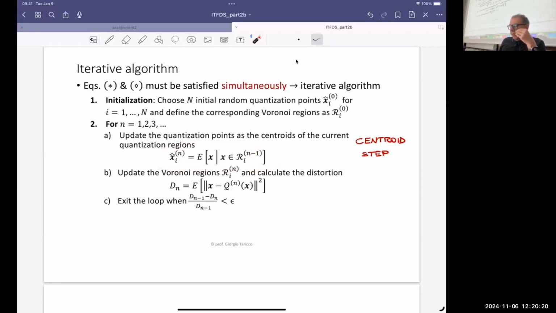After this step, we update the Voronoi regions, and this is the partition step or partitioning step.